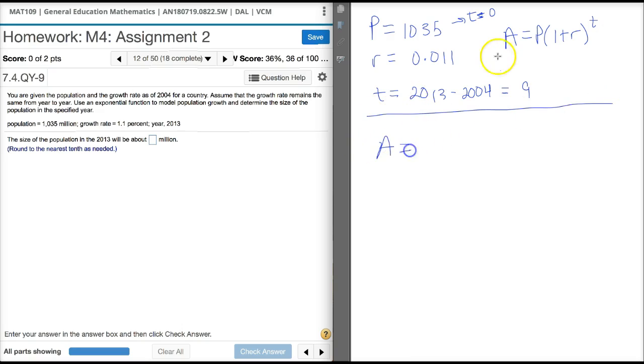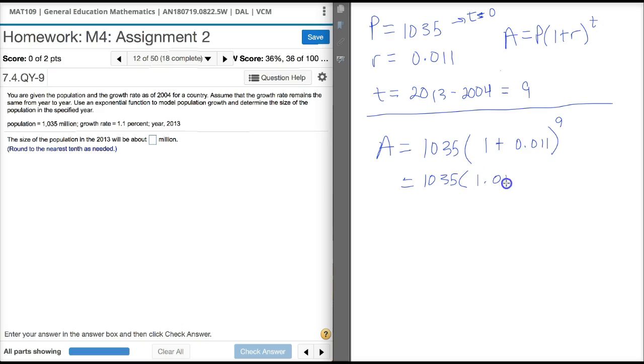So we've got all of our information here, and now we can just plug in. Put in 1035 for P, 1 plus 0.011 for R, and for T, we put a 9. To calculate this, I'll go ahead and simplify the part in the parentheses.